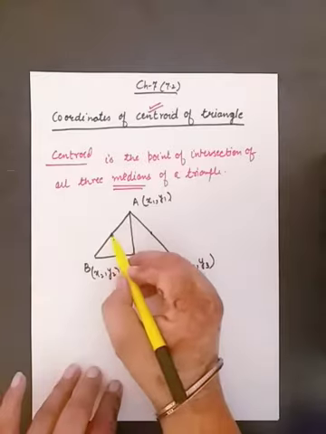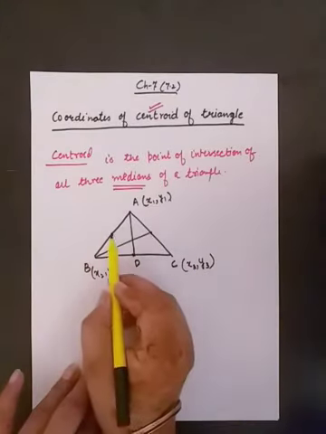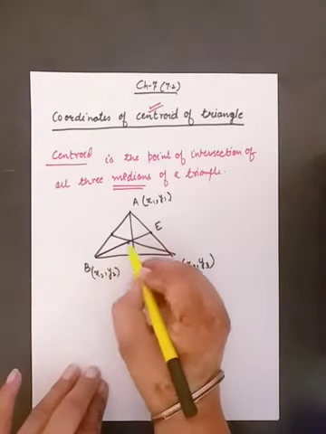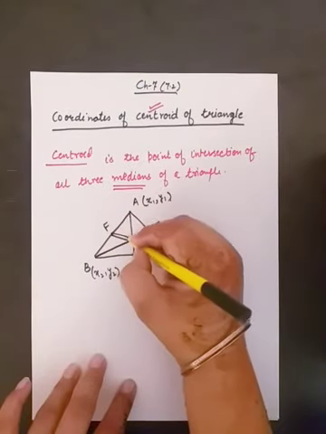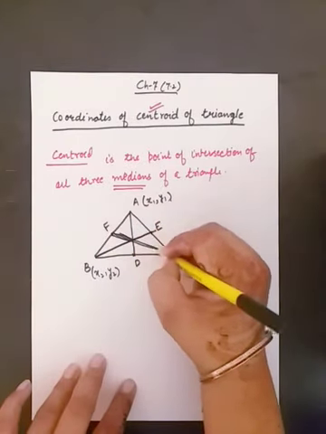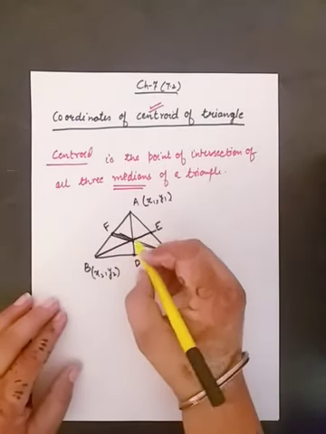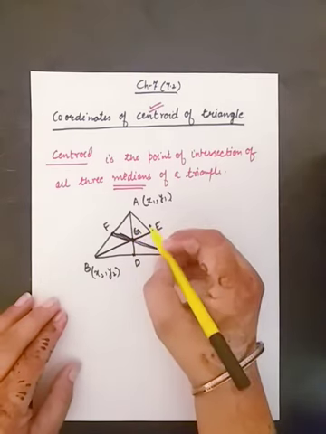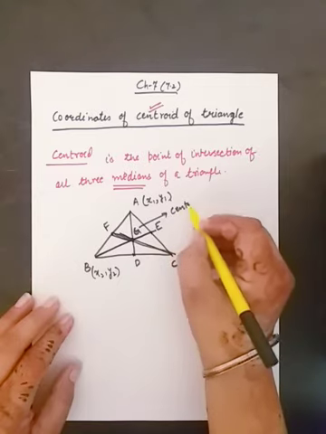Again mark the midpoint of the other two sides and join them. So BE is the second median of the triangle and CF is the third median. The common point of intersection of these three medians is this one, and let this point be G. So here G is known as the centroid.